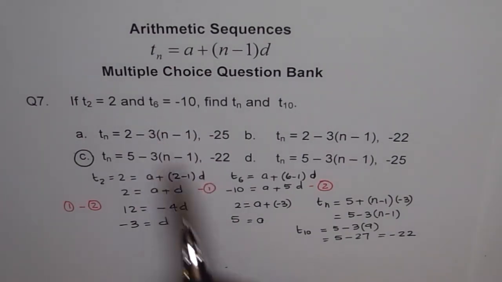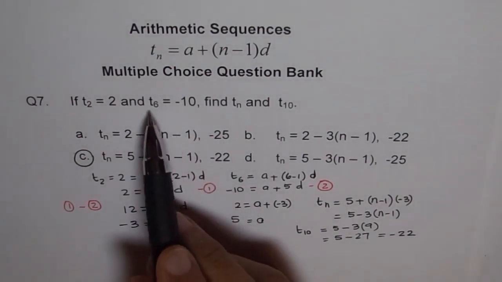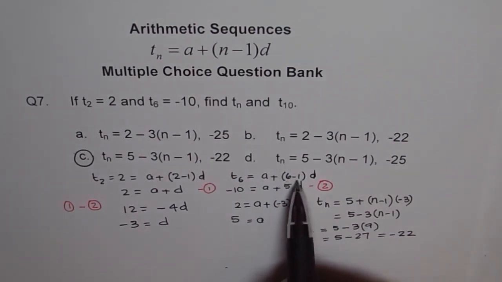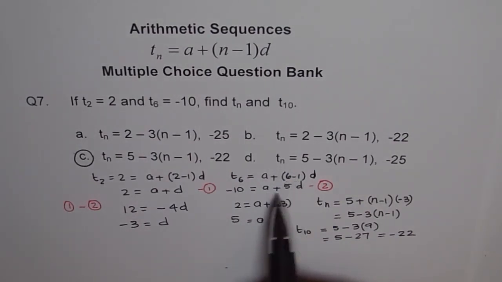And for T6, we plugged in 6, minus 10 is T6, and 6 minus 1 is 5, a plus 5d. You get two equations, two unknowns. Use elimination and get the value for both.